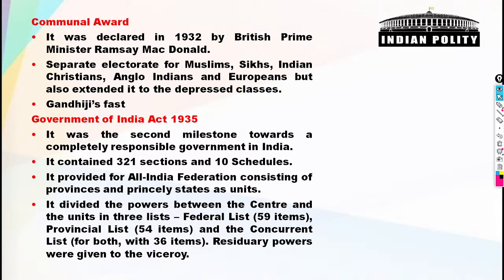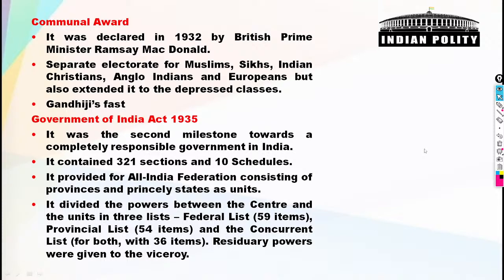So the last and major act is the Government of India Act 1935. It was the second milestone towards a completely responsible government in India after the Government of India Act 1919. It contained 321 sections and 10 schedules.